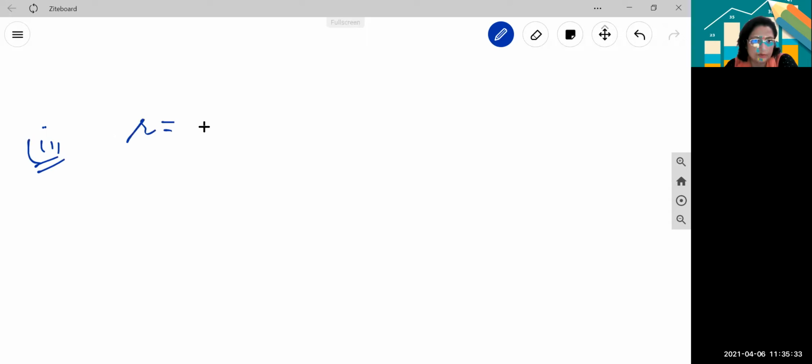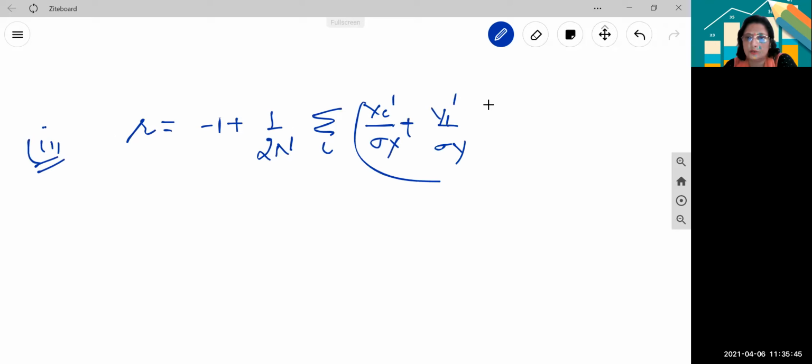So r is equal to -1 plus 1 by 2n summation xi dash upon sigma x plus yi dash upon sigma y its full square.